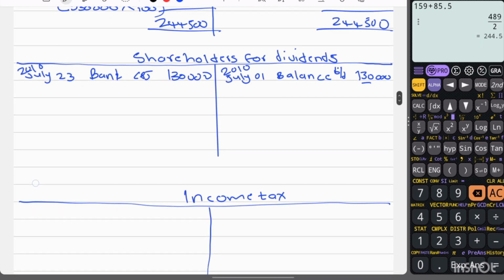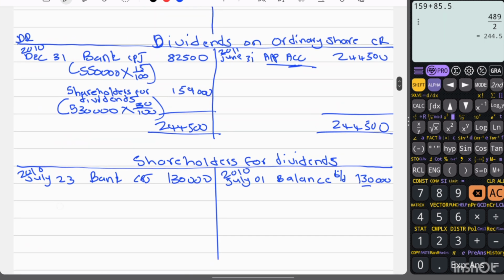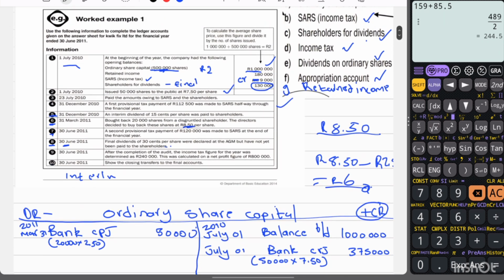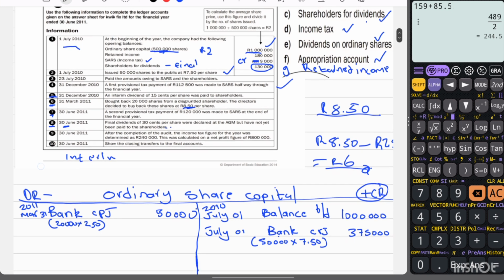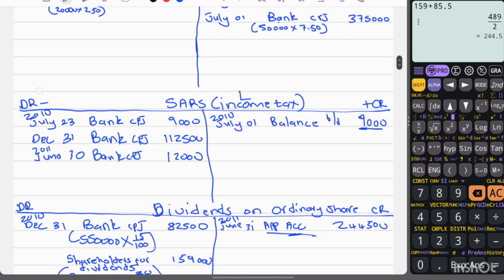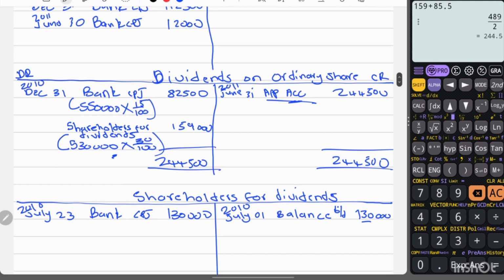Now let's continue with our information. Before I continue, remember this one is a liability for a company, and it must also be shown in the shareholders for dividends account.